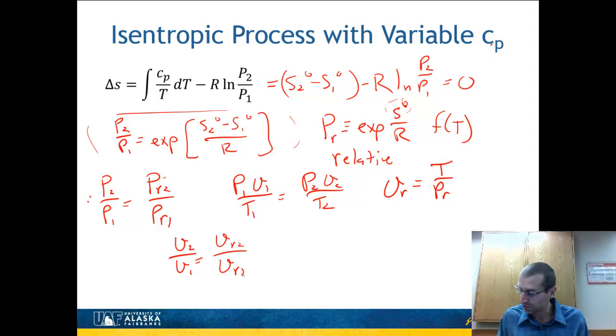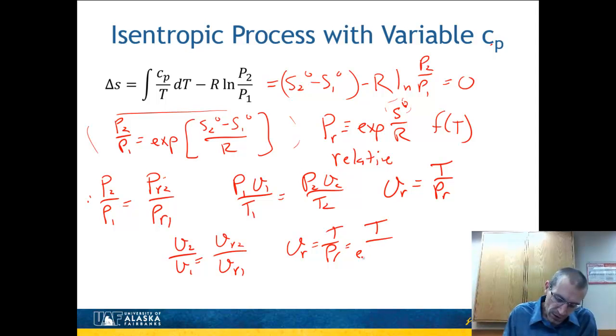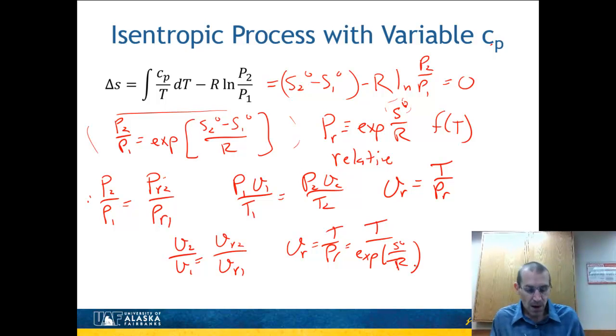Relative volume, as I said, is P over PR, which is P over the exponential of S0 over R. But everything on the right-hand side is just a function of temperature.